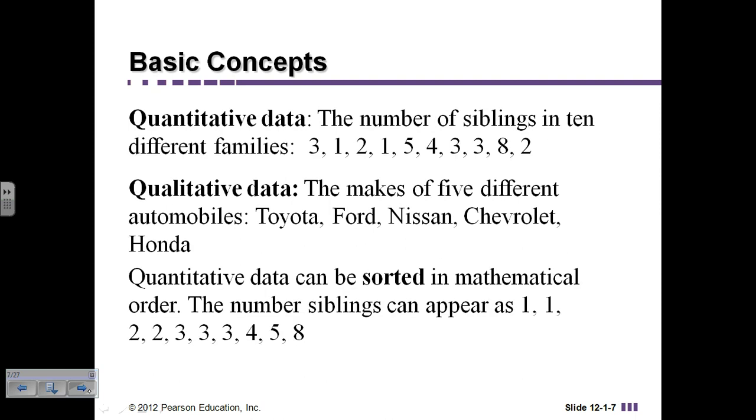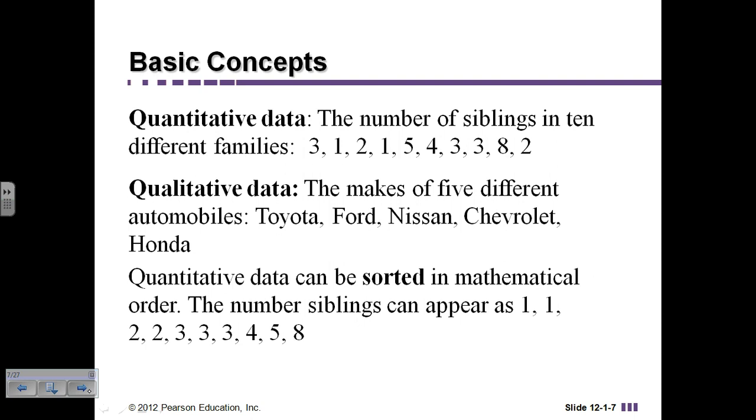So an example here would be quantitative would be number of people in a family or number of siblings in a family. So you have actual numerical values, 1, 2, 3, 5, 4, things like that. Whereas qualitative are different makes of cars, Toyota, Ford, Nissan, Chevrolet, Honda.